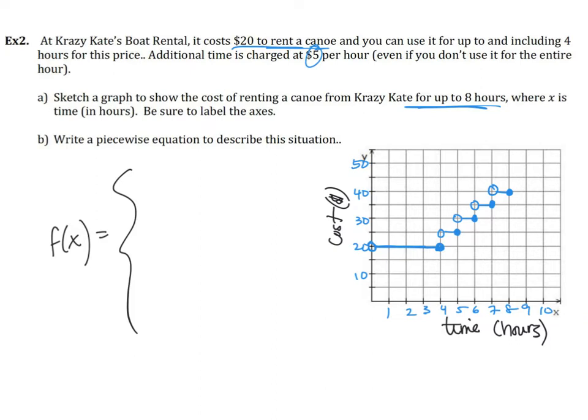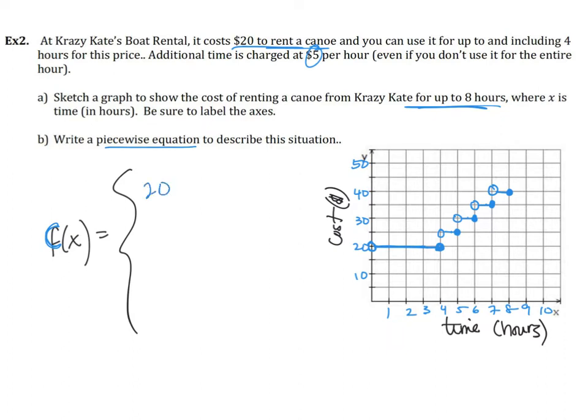Now, if you're going to get the cost function, what is that going to look like? The piecewise equation for this. You could put C here, cost with respect to X. You could put an F of X. It doesn't matter too much, but usually we write C of X just to indicate that we're talking about money. So what do we have? Well, we have 1, 2, 3, 4, 5 different steps.